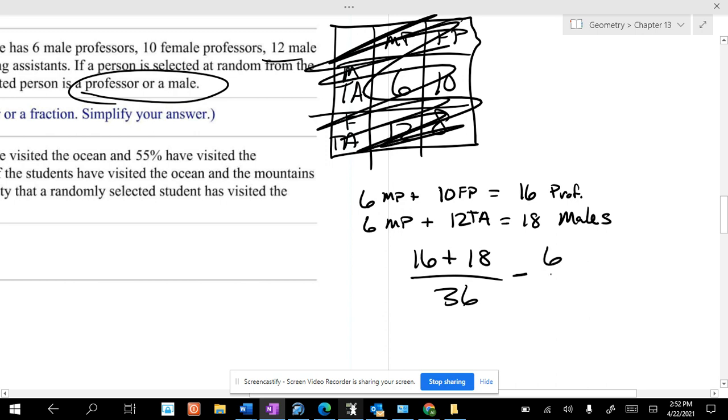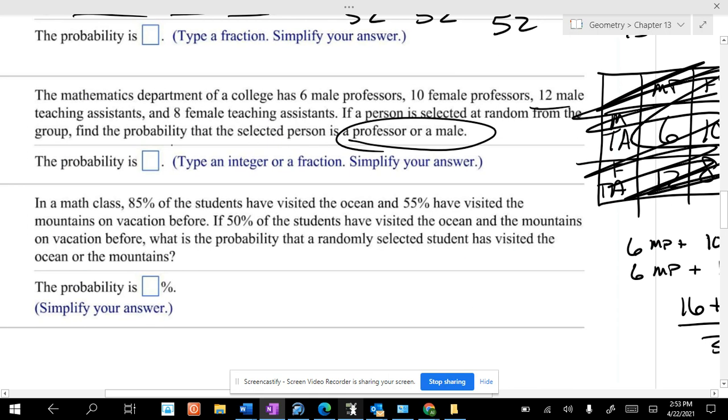Well, there's 6 male professors. So take 16 plus 18 minus 6, which is 28 out of the 36 that are male or professor. If you divide them both by 4, you get 7/9. You have a 7 out of 9 chance of getting a male or a professor.